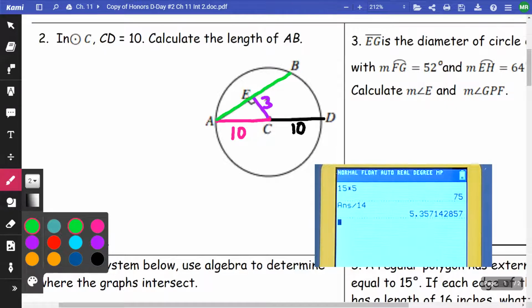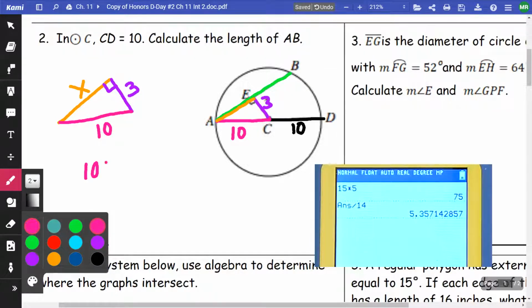AB, but in order to find that, I'm going to use Pythagorean to find this AE. So I'm going to have a right triangle. I'm going to call this X. I don't know what that is. This is going to be 3. This is going to be 10. And I'm going to be doing Pythagorean.